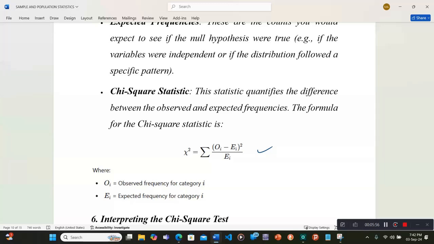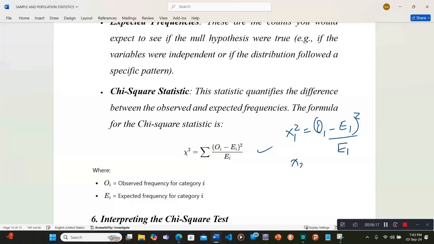So for the first category, x1 squared is O1 minus E1, squared, divided by E1.